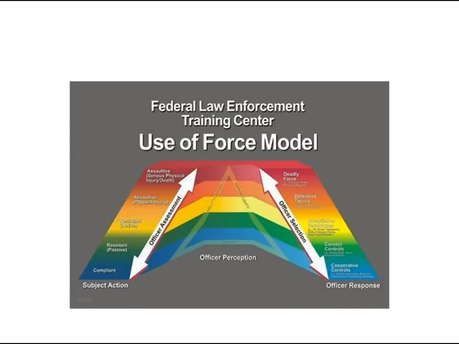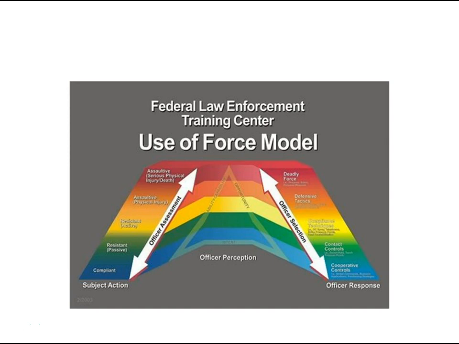So looking at this chart from the Federal Law Enforcement Training Center, this is a use of force model. There's 2 different sides. There's one for the subject and one for the officer, or the victim in this case. As a situation escalates, the level of force is increased. So for a police officer, when dealing with a subject, they first go with verbal communication.